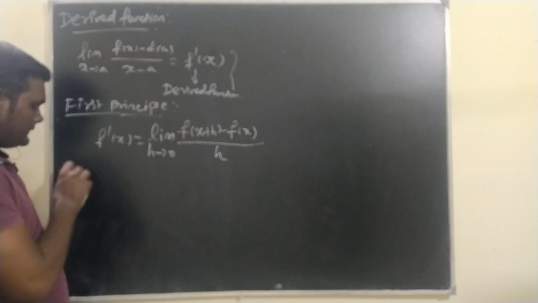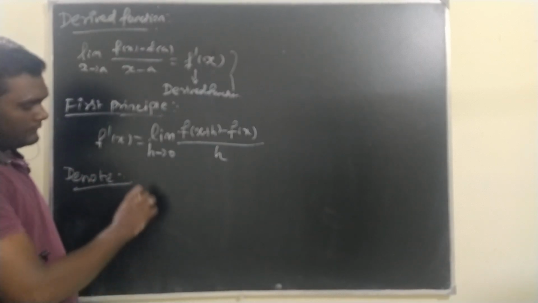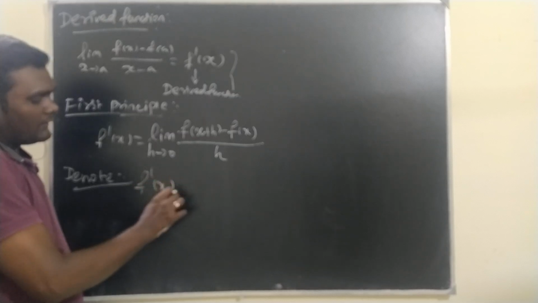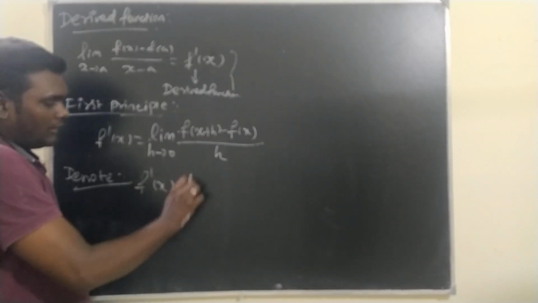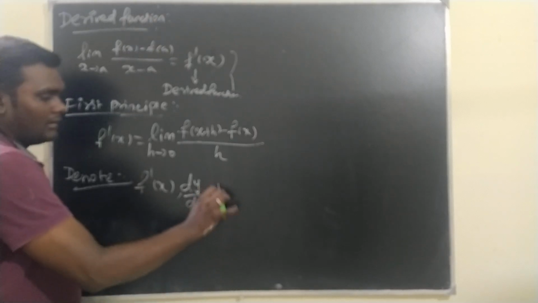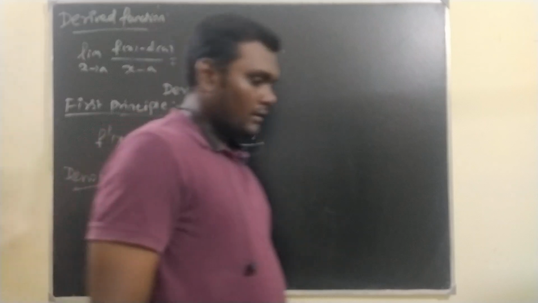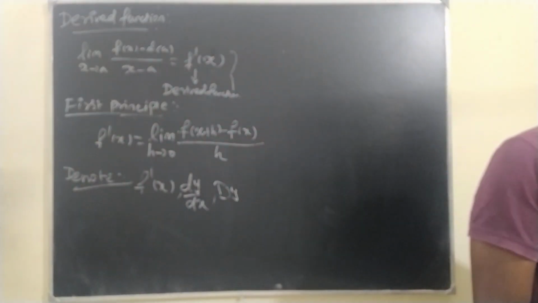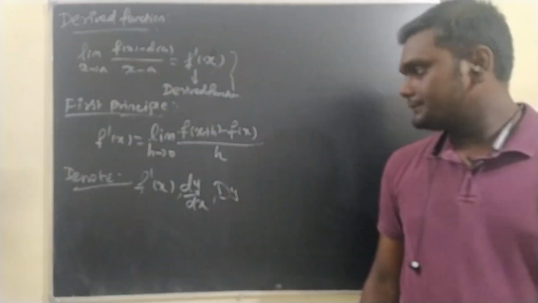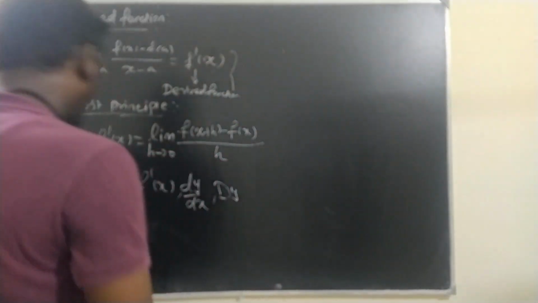And how to denote the derivative? You see, f dash of x, like I mentioned, or dy by dx you may mention, or else capital D y, and d by dx of f of x.